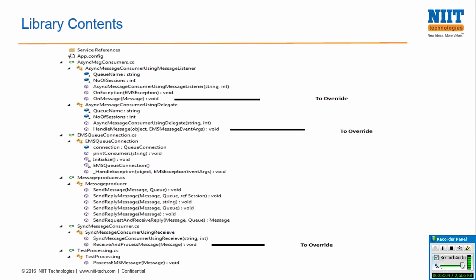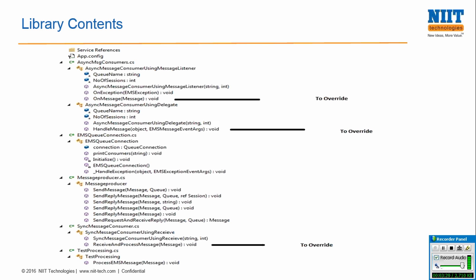The only difference between the synchronous consumer and the two asynchronous ones is that in the synchronous one I have to do some explicit multi-threaded programming because I could not access the sessions which I could in the asynchronous ones.